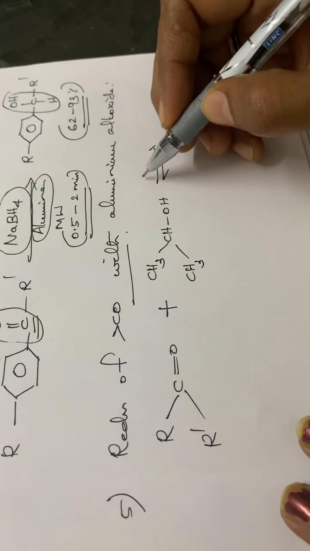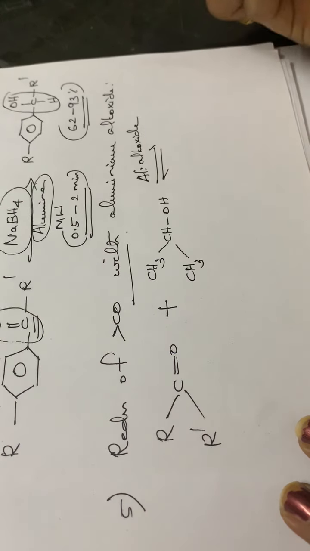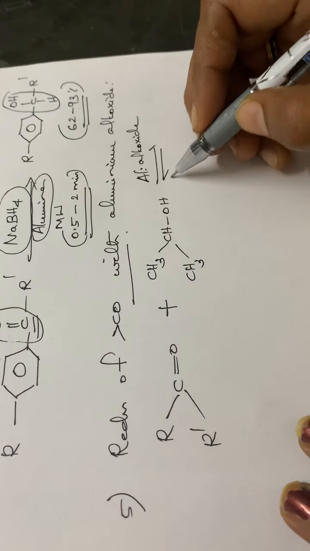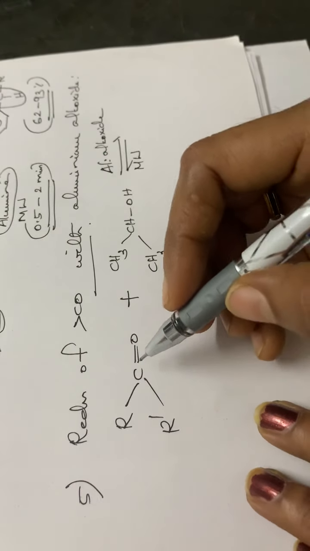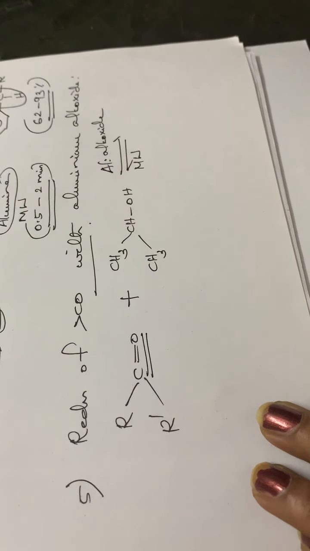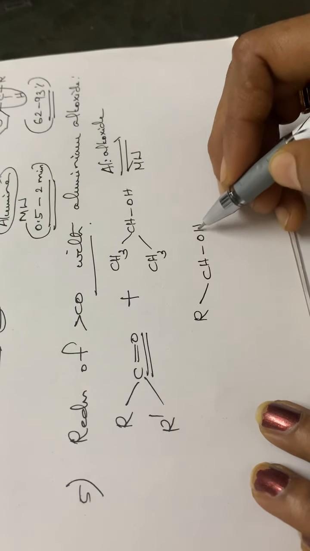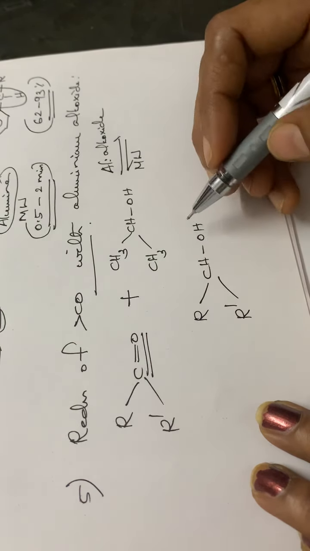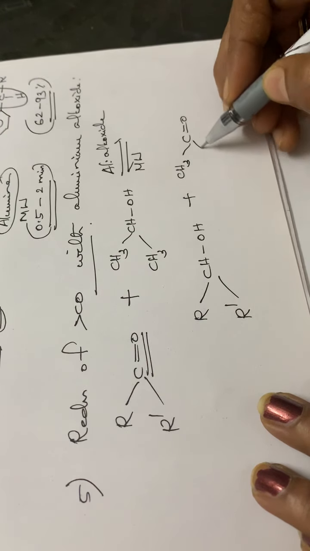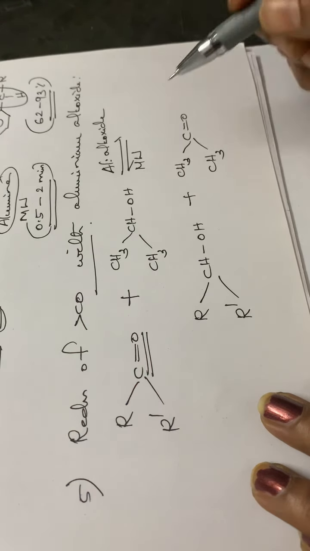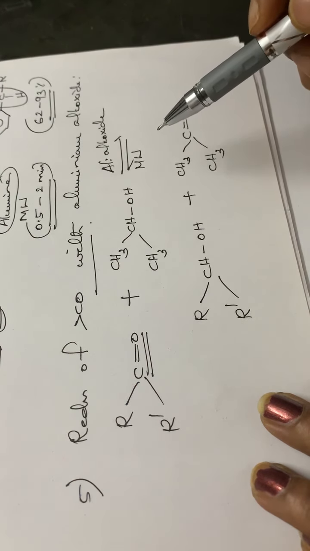The reaction will be carried out in the presence of aluminium alkoxide, microwave assisted reaction. So first the CO group will be converted to CHOH. The product will be R CHOH R dash plus CH3 CO CH3. So this is another reduction reaction.